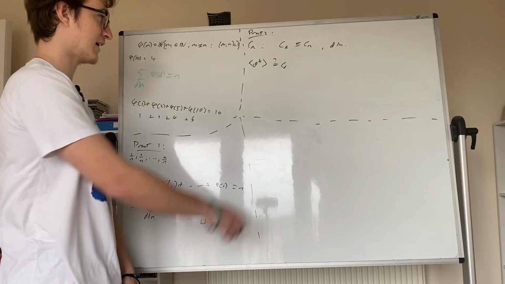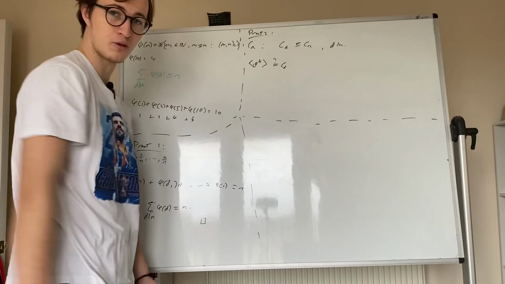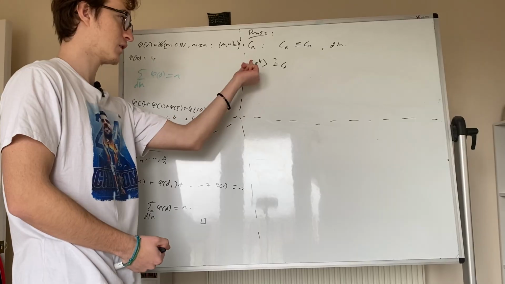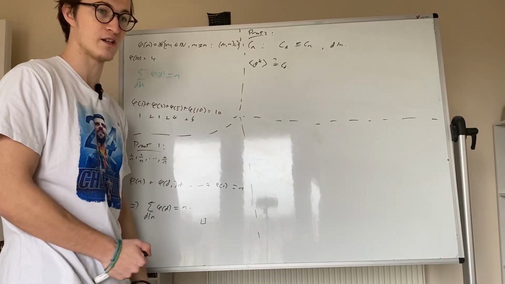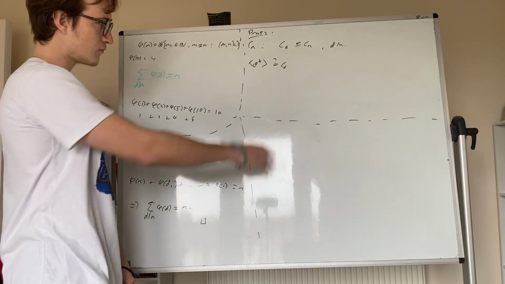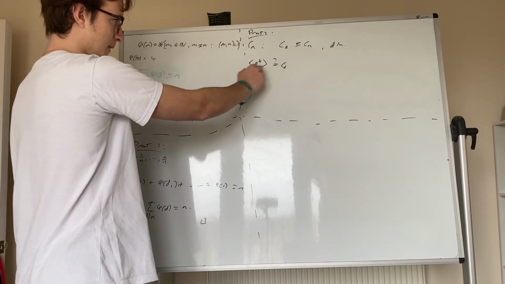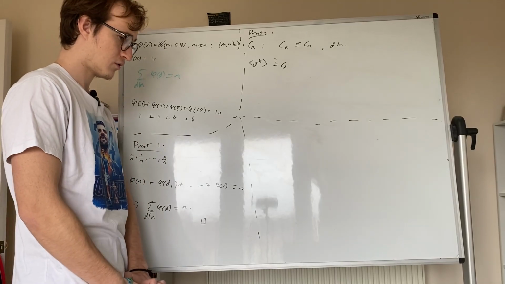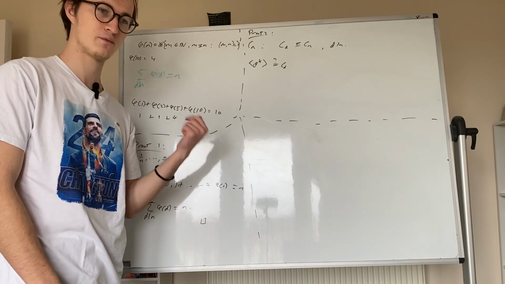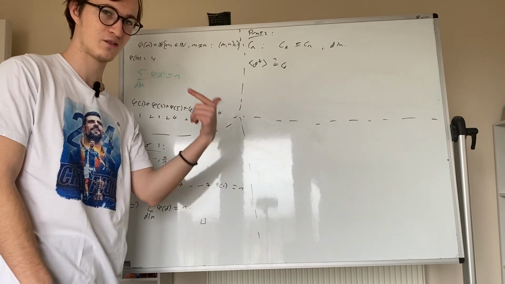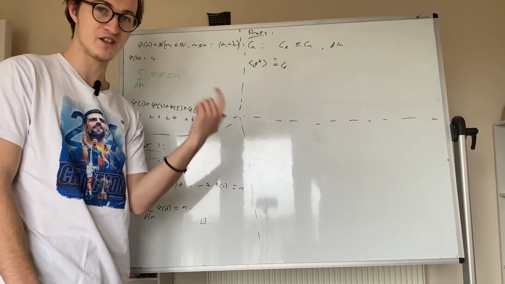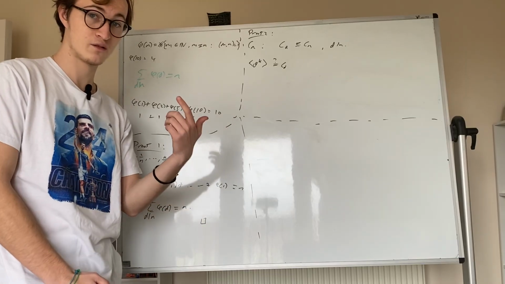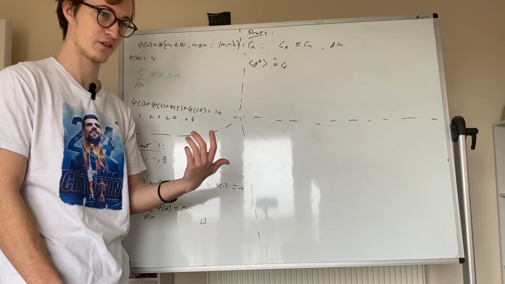Well, because if k had any factors in common with d, then g to the k would have an order of less than d. For example, if k and d had the same factor of 2 in them, then we wouldn't have to multiply d times to get a multiple of d. We can multiply d over 2 times, and because they're both divisible by 2, we would again get something which is a multiple of d, if that makes sense.